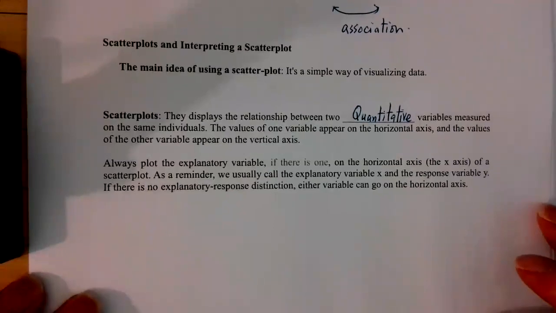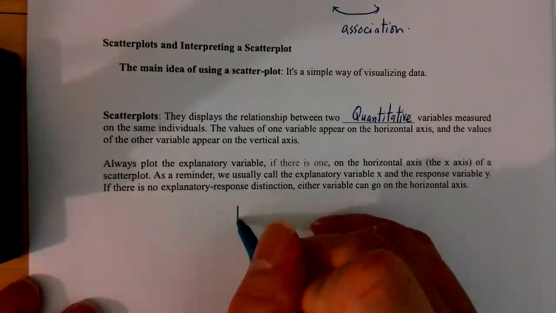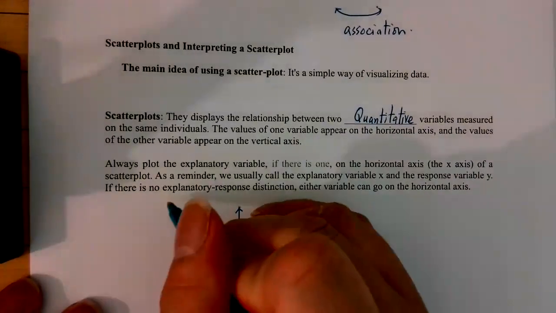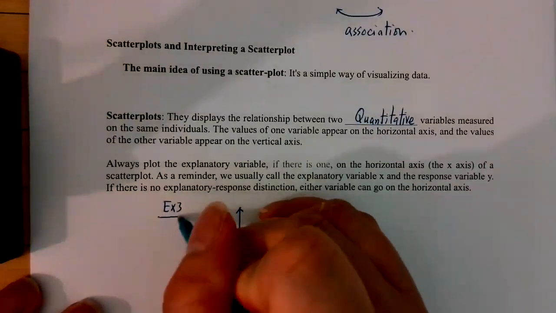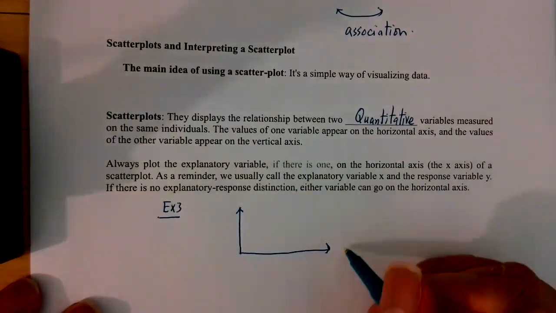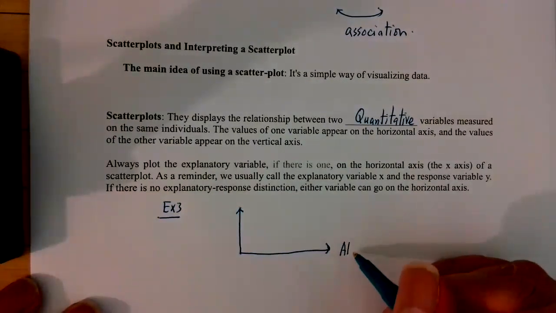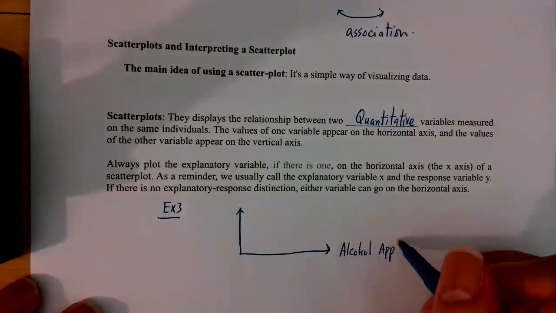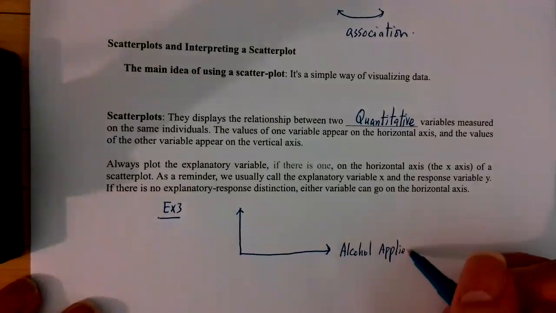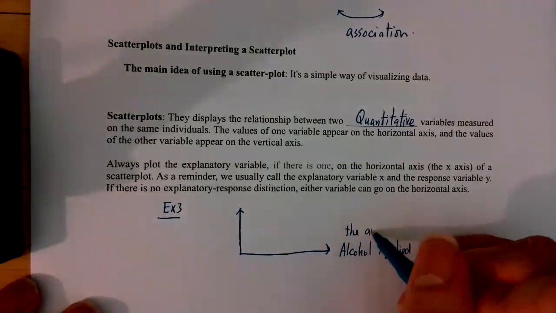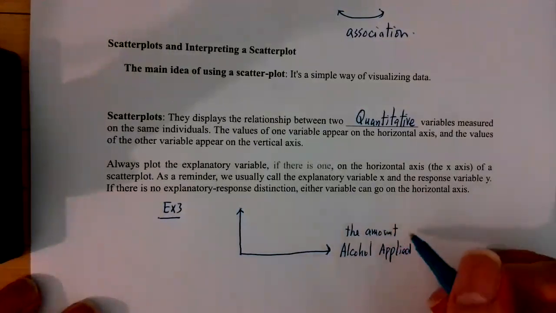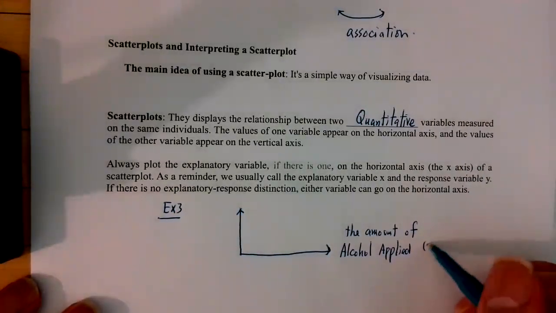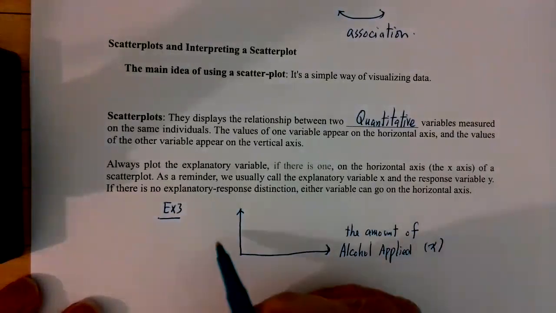If there is no explanatory response distinction, either variable can go on the horizontal axis. And what does that mean? Think about example 3. Okay, this is the amount of alcohol applied. Okay, this is X. And what's Y?